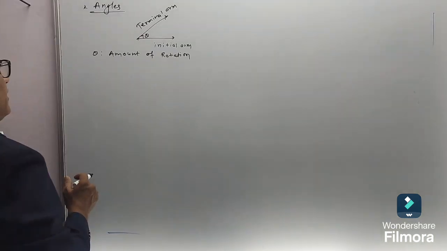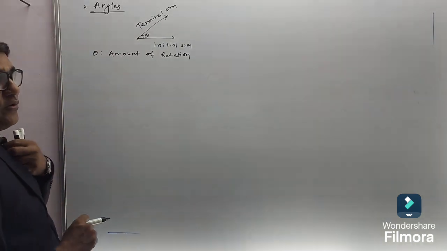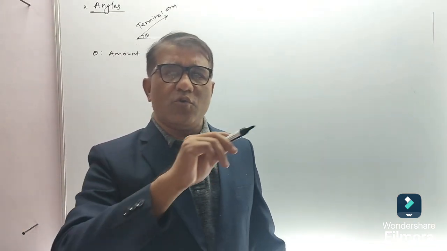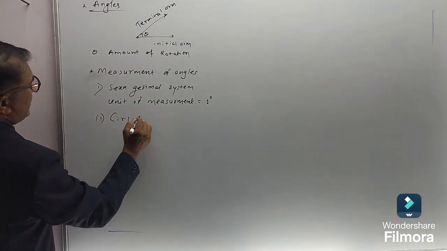Yes. If this rotation is in an anti-clockwise direction, then it is a positive angle, and if it is in a clockwise direction, then it is a negative angle. Yes, all of us know. It is a circular system.